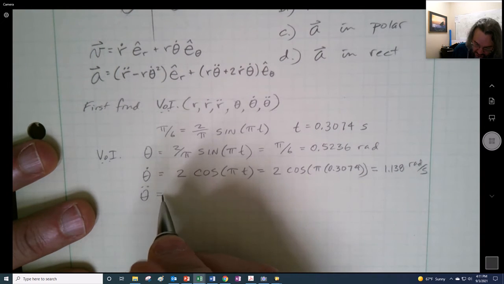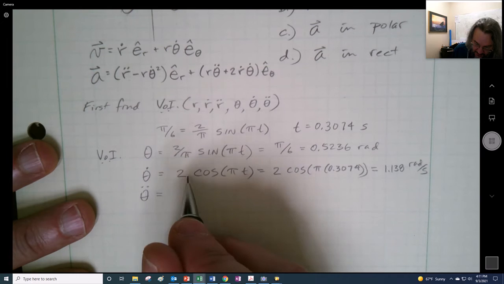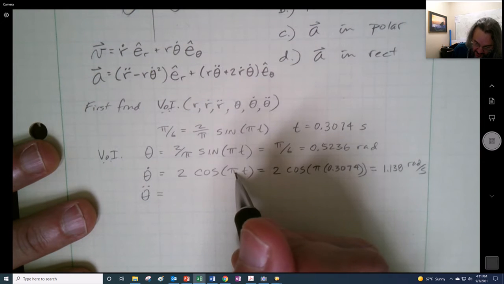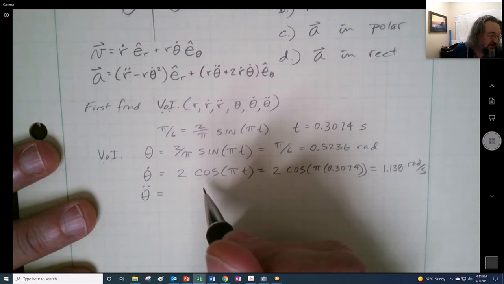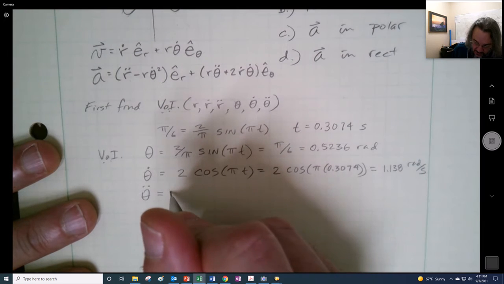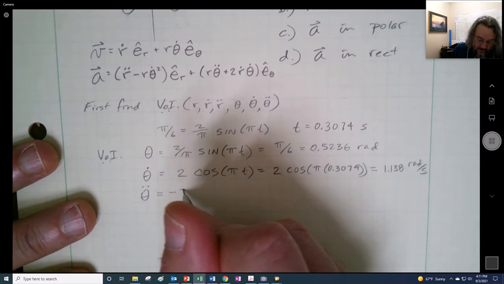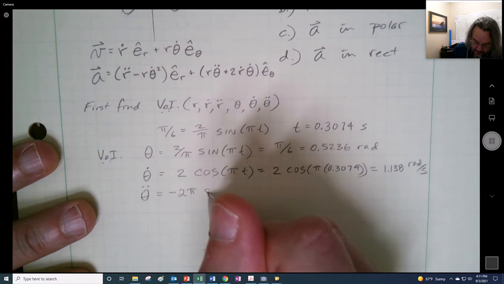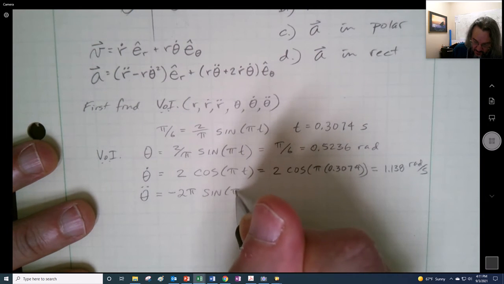To go to theta double dot, right? So we're going to take the derivative of this again, and pi is once again going to come out to the outside. But now the derivative of cosine is a negative sine, so we get a negative 2 pi sine of pi t.